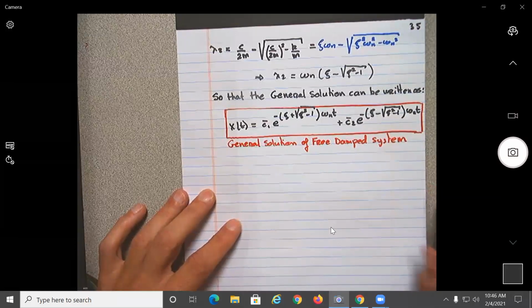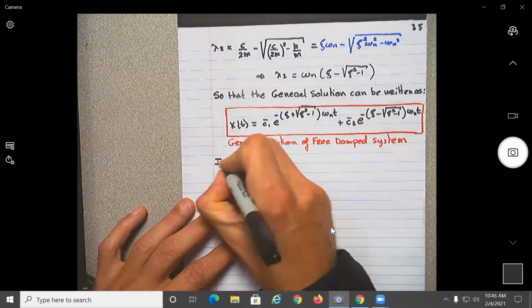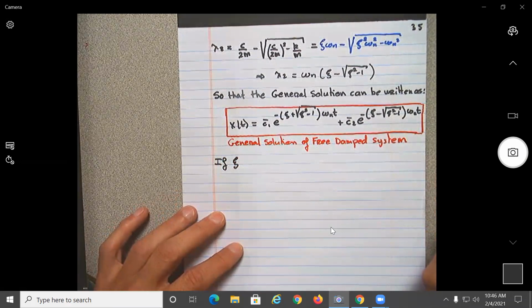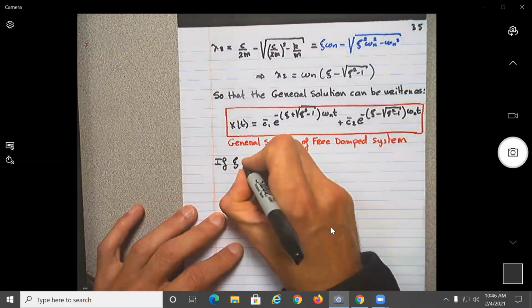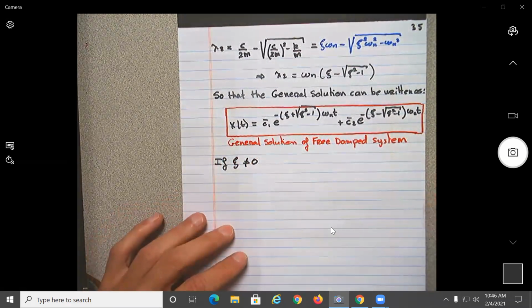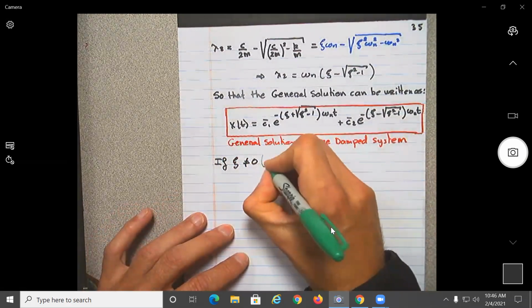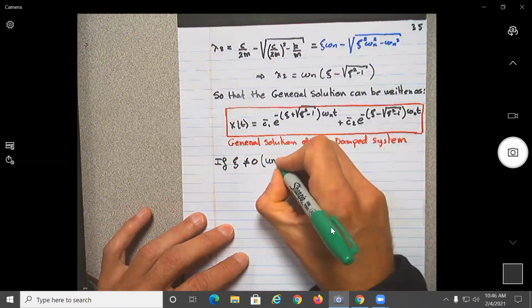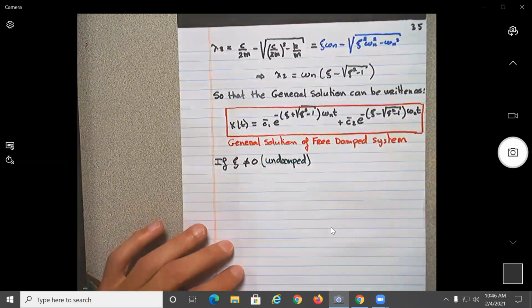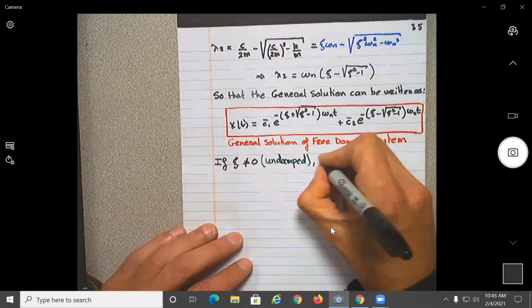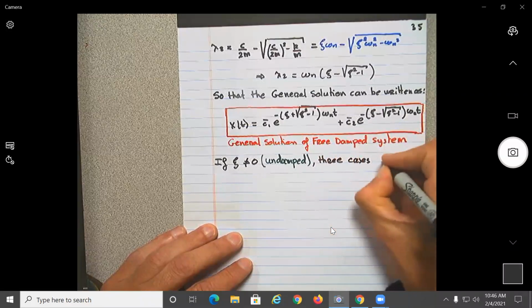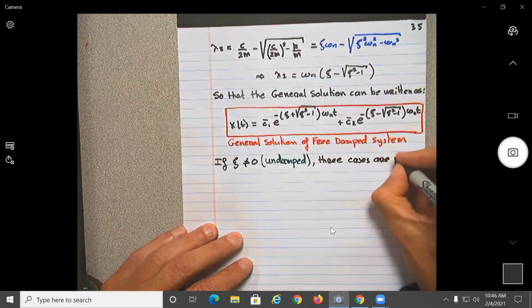If C, which is defined as the damping ratio, is different than 0, which means the system is damped, three cases are possible.